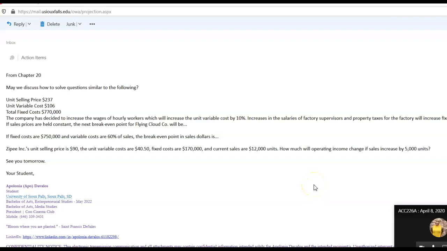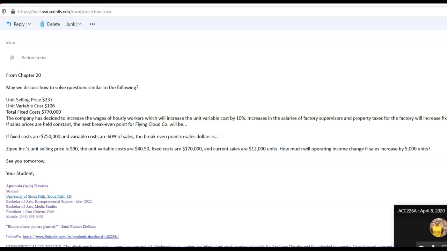Okay. So if you don't mind following along on this one, this is a really good problem, and a good question. I'm assuming you got this from Cengage, or you made it up. Okay. So if everybody wants to work with me with a piece of paper, let's just walk through this. The unit selling price is 237.